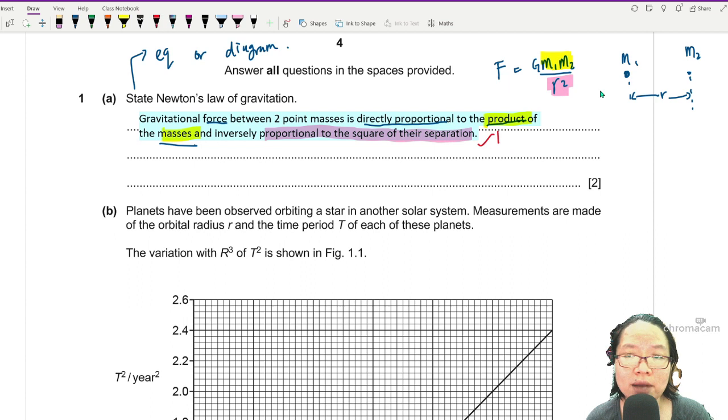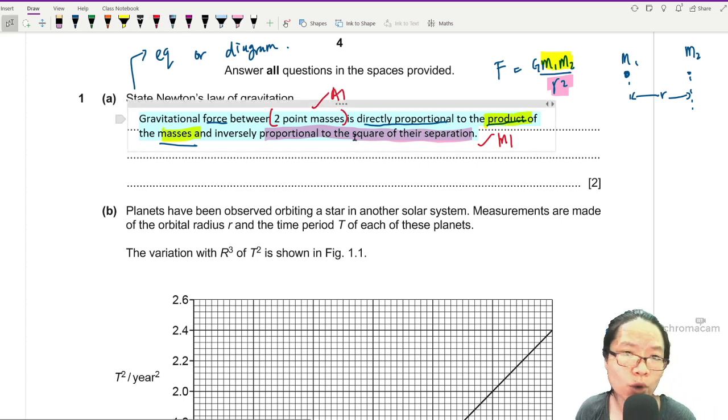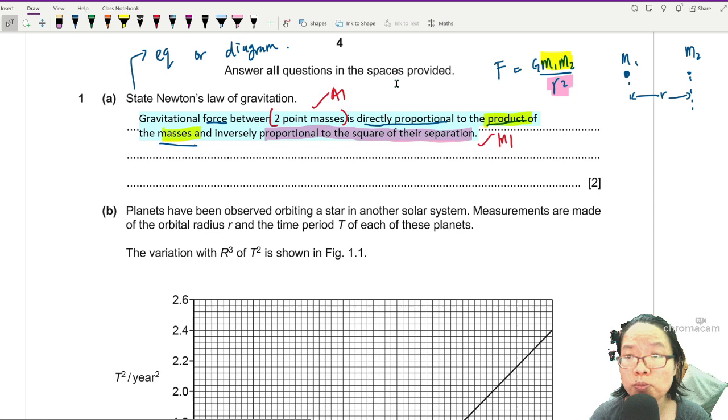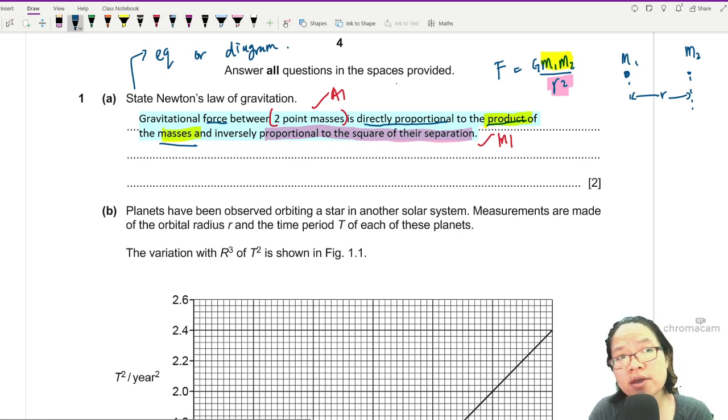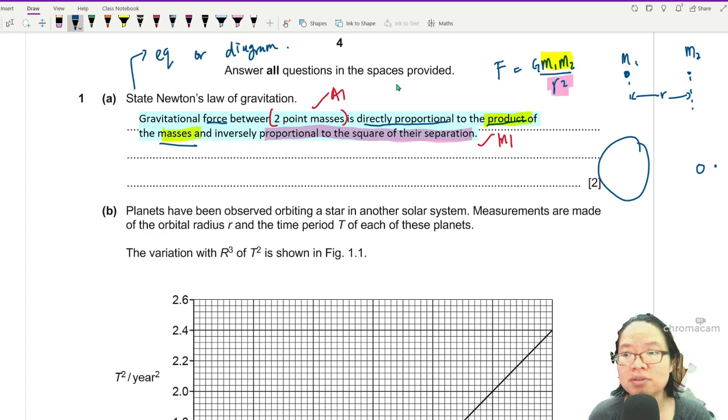The first is probably your M1, meaning you need to write this first. Your A1, which is the final mark that you can only get if you get your M1, is if you mention that these are 2 point masses. So I don't care whether it's the sun and the planet Earth or the Earth and the tiny moon; in this scale we are assuming that all of the mass is concentrated at the center. So it's the idea of this thing being a point mass.